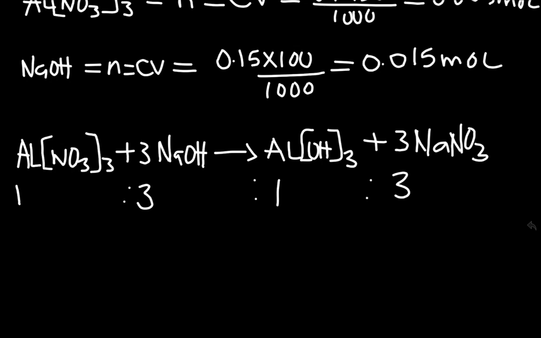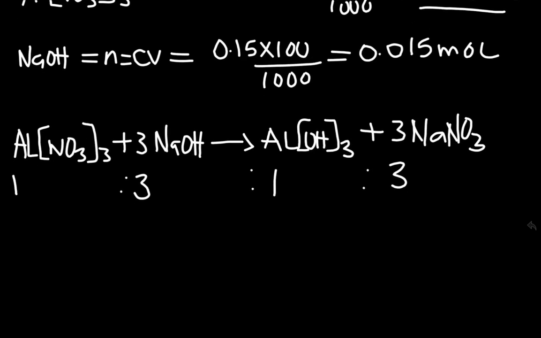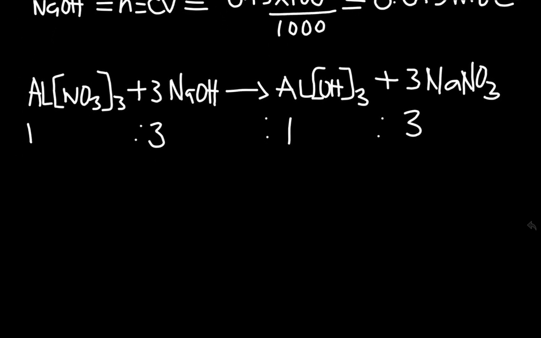Now, once you've written out the molar ratios, you go back to the moles of the aluminum nitrate and sodium hydroxide that you solved. So if we go back to the mole of the aluminum nitrate, we'll get 0.003. So now I rewrite it here, 0.003.